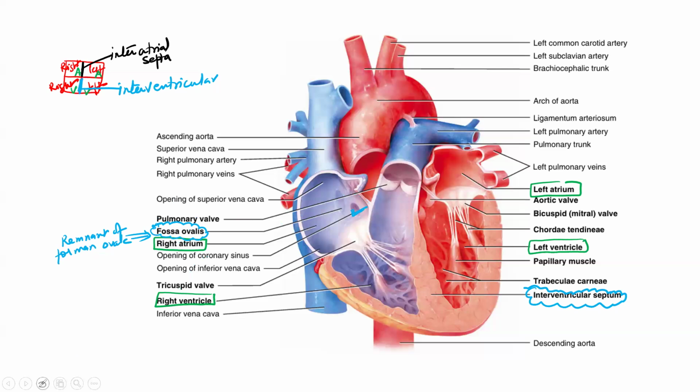Now, the right atrium will receive deoxygenated blood from the 3 major veins.